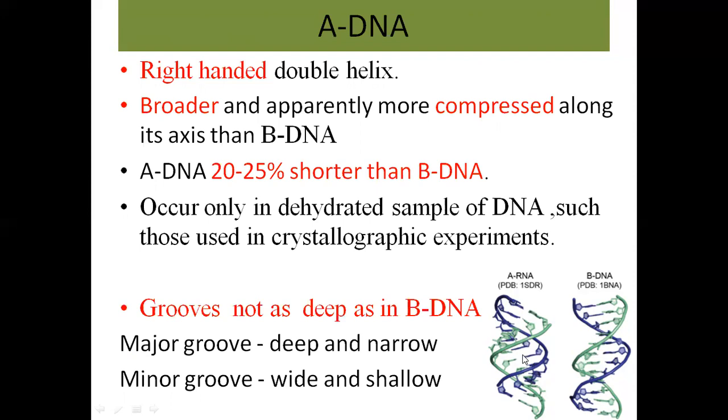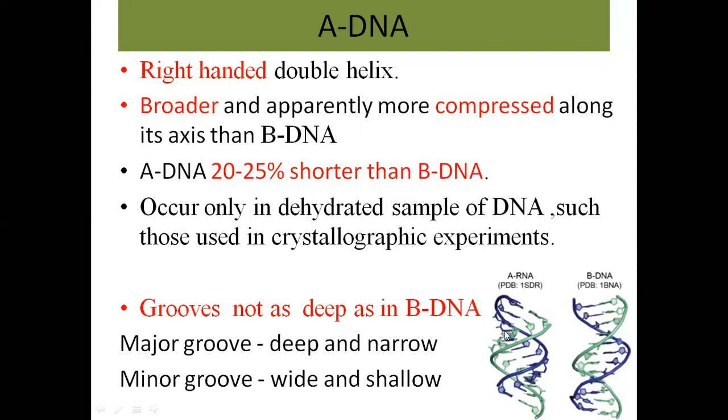You can clearly see that it is much broader and more compressed than BDNA. More compressed in the sense that ADNA is 20 to 25% shorter than BDNA. And ADNA occurs only in dehydrated samples of DNA, such as those used in crystallographic experiments.